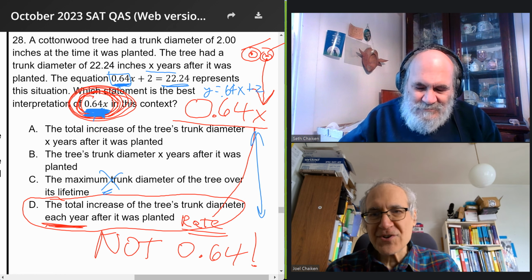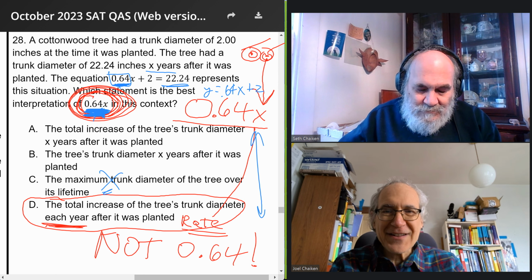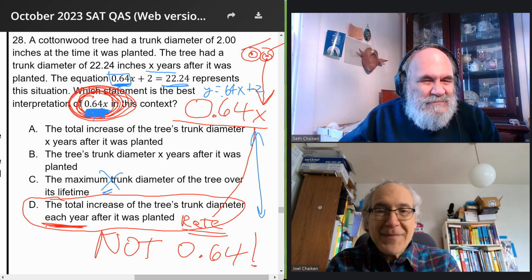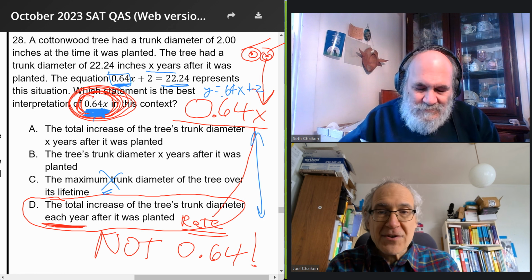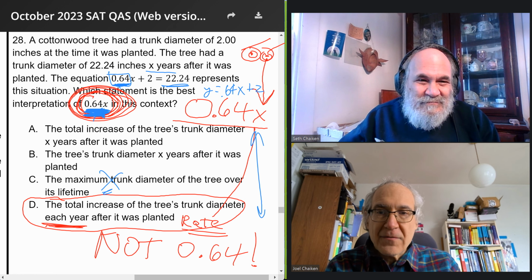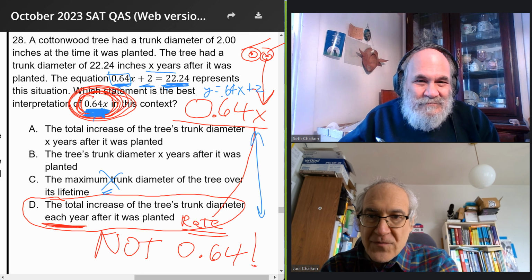And the main idea, which for me, the main idea here is reading the question correctly. But the other main idea, as long as you read the question correctly, is understanding linear growth and what the components are in an expression that represents linear growth. And so the tree starts out at 2 and it ends up at 22.24.